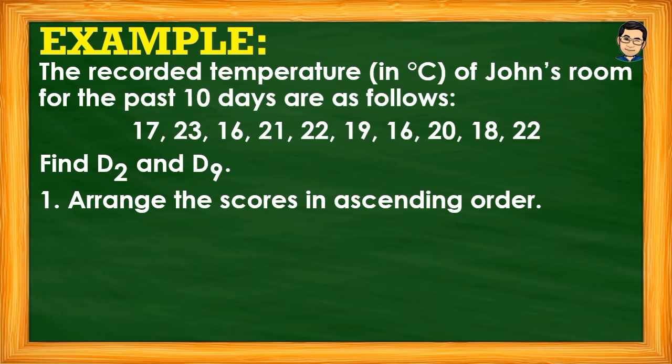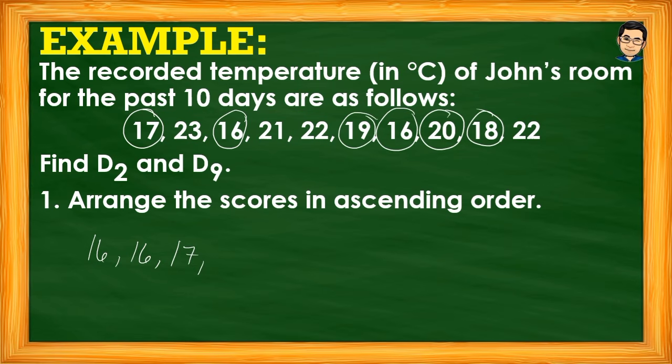Arrange the scores in ascending order. The lowest value, the lowest temperature, is 16. Next, 17, 18, 19, 20. Next, 21, 22, 22, 23.